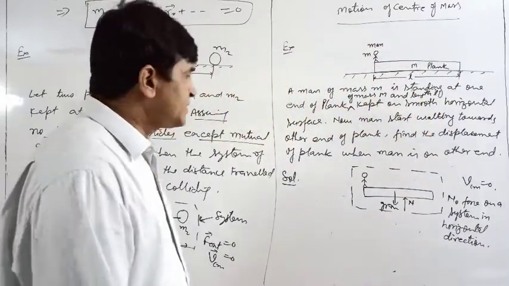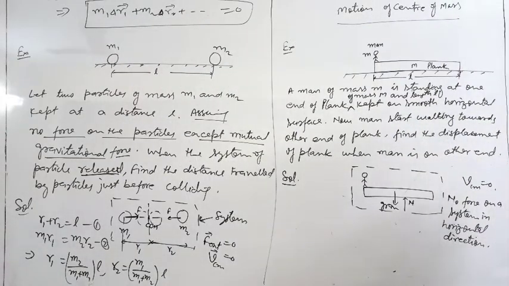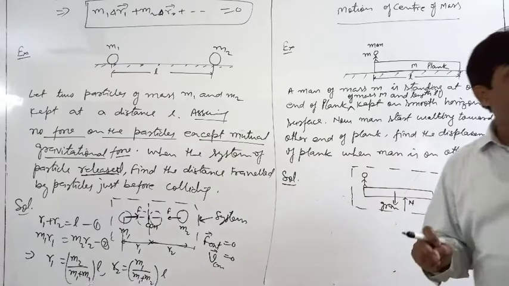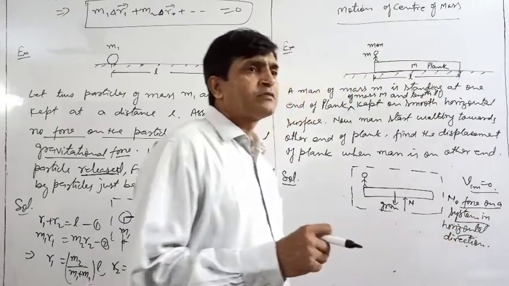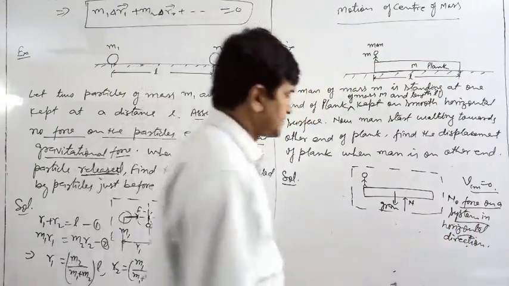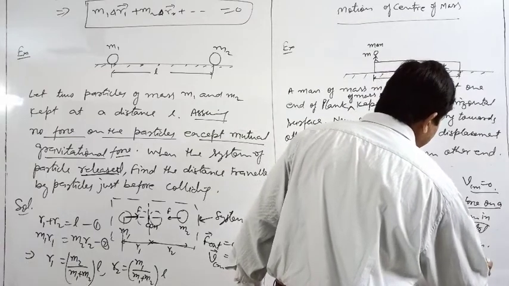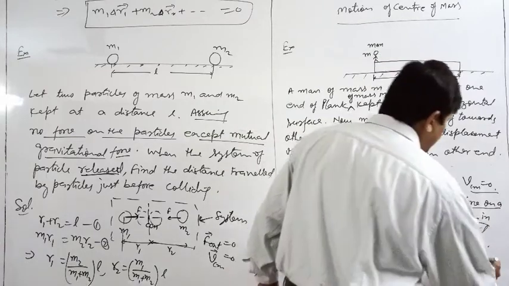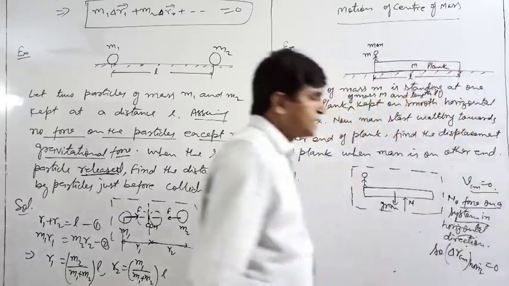So as we have found in the last point, if VCM is 0 and there is no force on a system in a particular direction, then the displacement of the center of mass will be 0. So delta RCM in the horizontal direction will be 0.